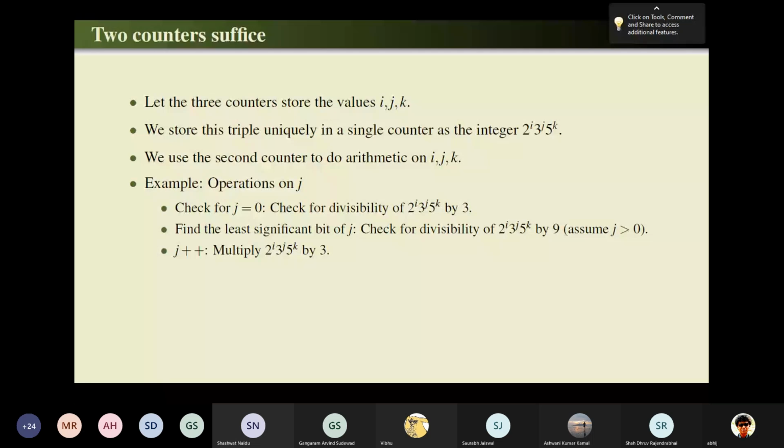On the other hand, if J is even, let's say 2R, then this is 3 power 2R, which is 3 power 2 whole power R. It's divisible by 9. Other things, they do not contribute any factor of 3. Right?